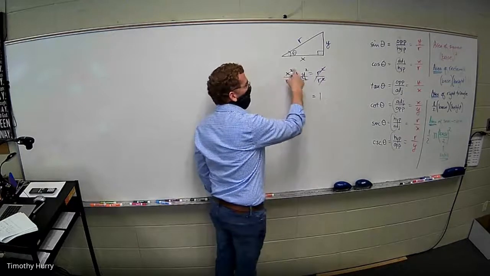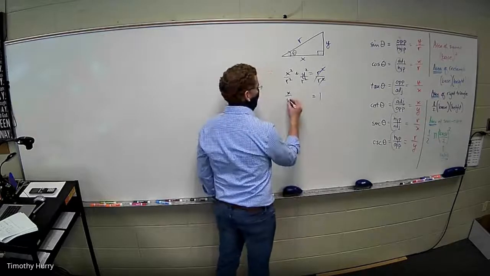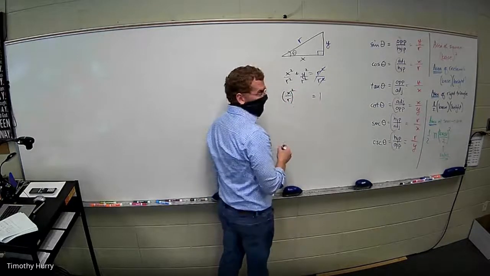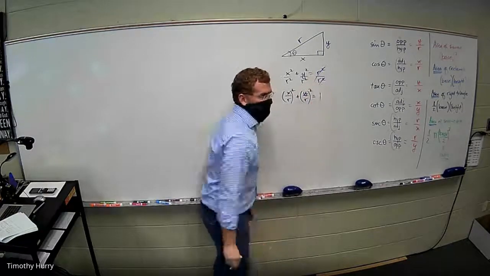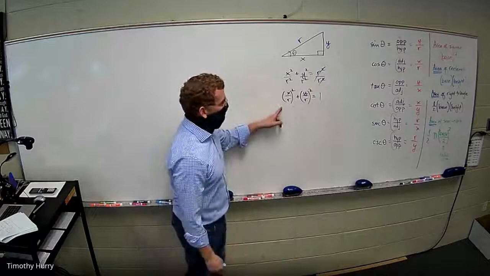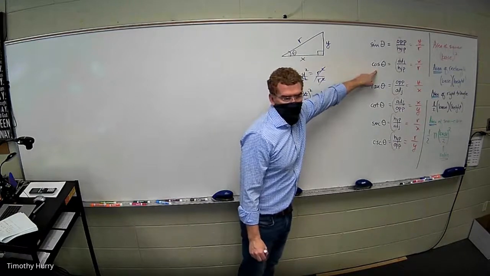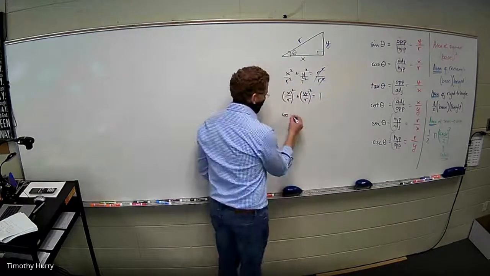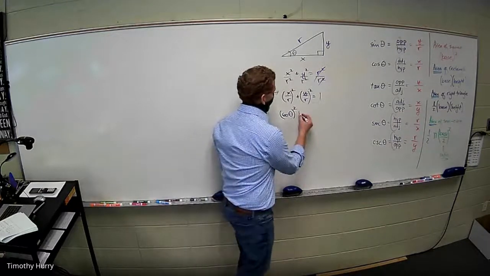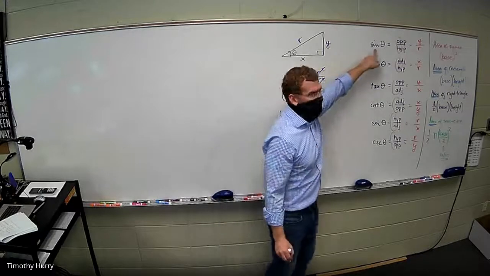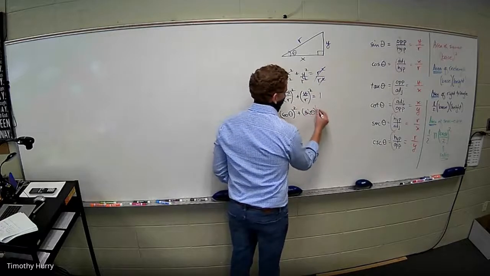And isn't x squared over r squared the same thing as x over r squared? And isn't y squared over r squared the same thing as y over r squared? And isn't x over r the same thing as cosine of an angle? So wouldn't that be cosine of the angle squared? And isn't y over r the same thing as sine of the angle? So wouldn't that be sine of the angle squared?